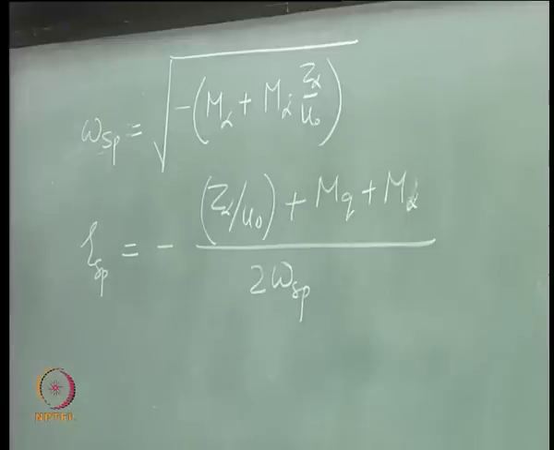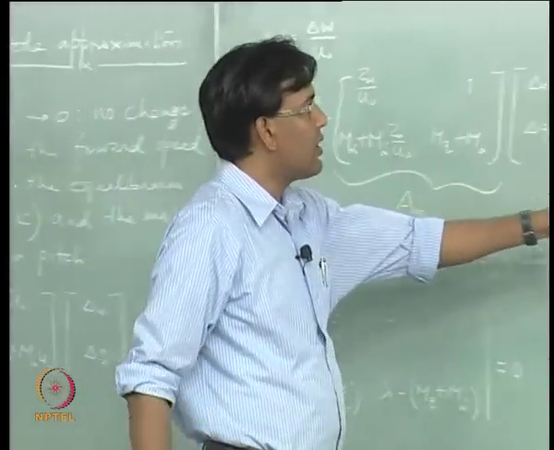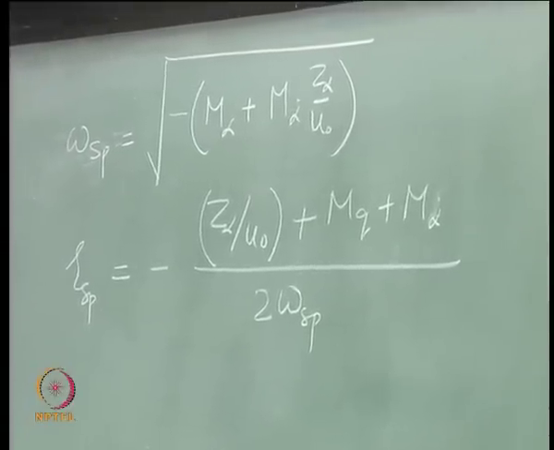Remember, we first of all started by looking at a pure pitching motion, right, and we got a second order equation from which we derived expressions for the frequency and the damping of the aircraft in pure pitching motion, right.